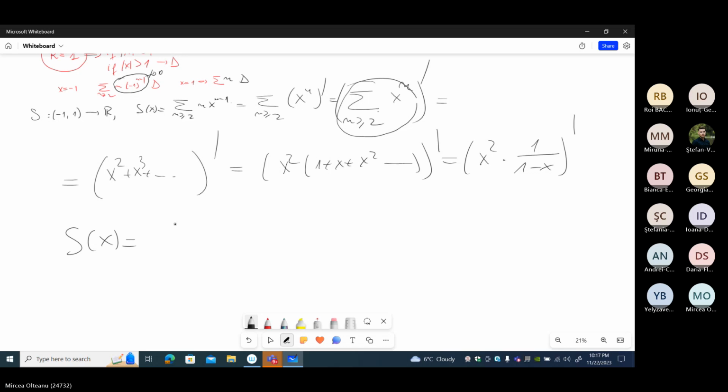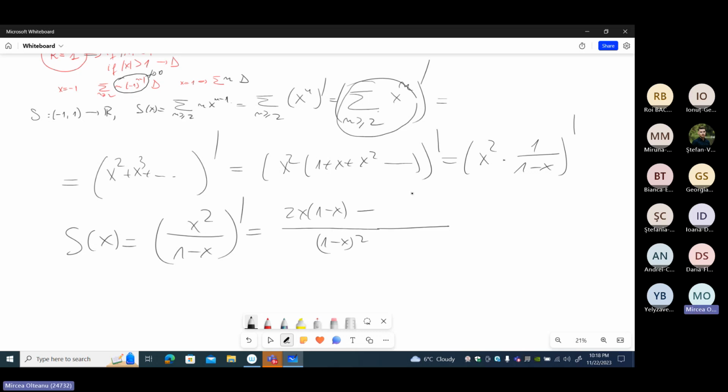So the sum of our series equals the derivative of this function. And now we simply differentiate here and we get the sum. This is 2x times (1-x), below we have (1-x)^2, plus x^2.